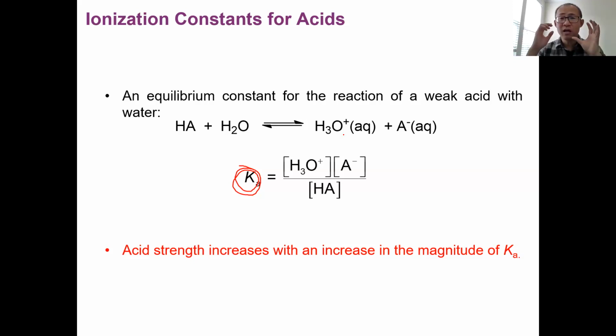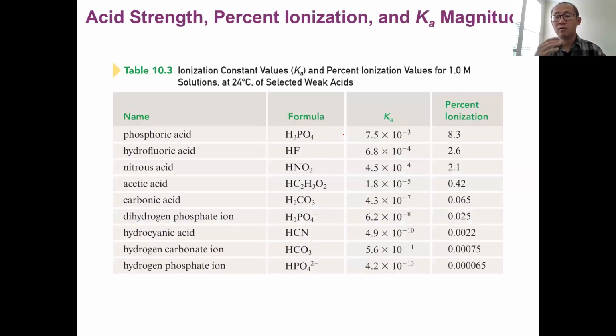So we can use the ionization constant of an acid to describe its relative strength. We know most acids are weak, but even though they're all weak, they still have different strengths. Some are stronger, some are weaker. Stronger ones have greater Ka, weaker ones have smaller Ka.